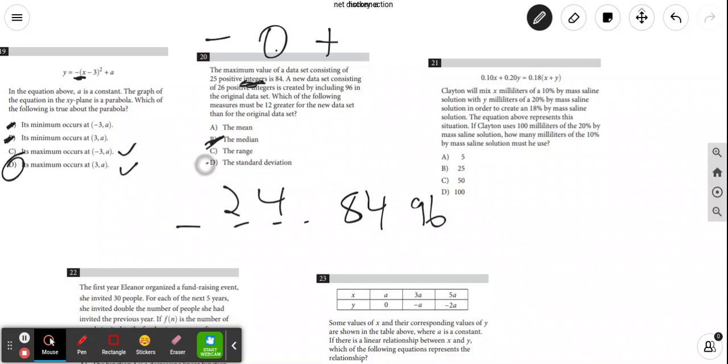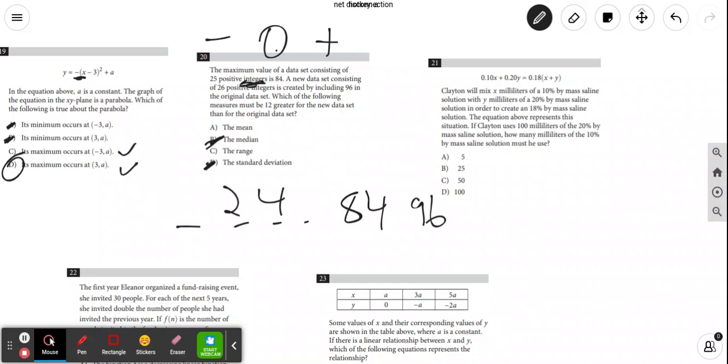It's basically how far away the average data point is from the mean. It's not the standard deviation.